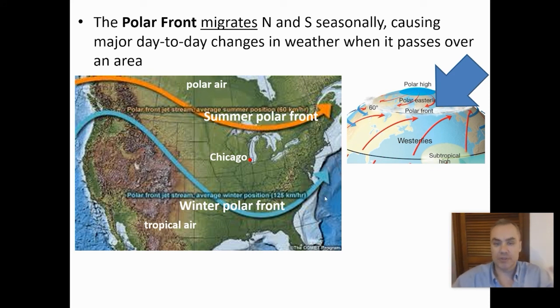So in the big picture, places that have very unpredictable weather that changes a lot day to day tend to be places that are under the polar front a lot, where the polar front keeps passing back over them again and again and again. For example, Chicago here, that place kind of right in the middle. So the polar front will come over them and back, over them and back.